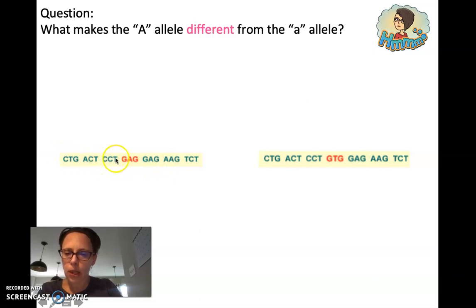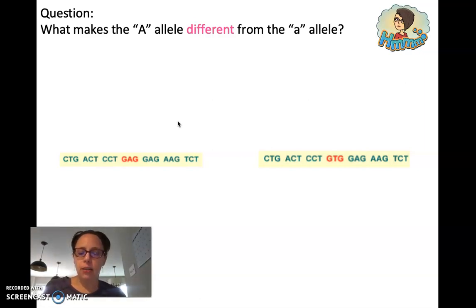So this here is a piece of the gene. So what makes the big A allele different from the little a allele? Well, the big A gene has a different sequence of nucleotides from the little a gene.